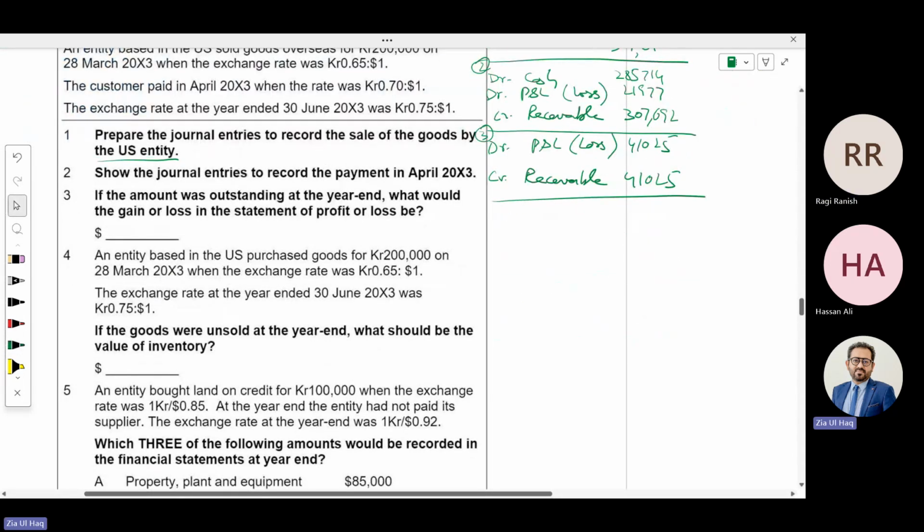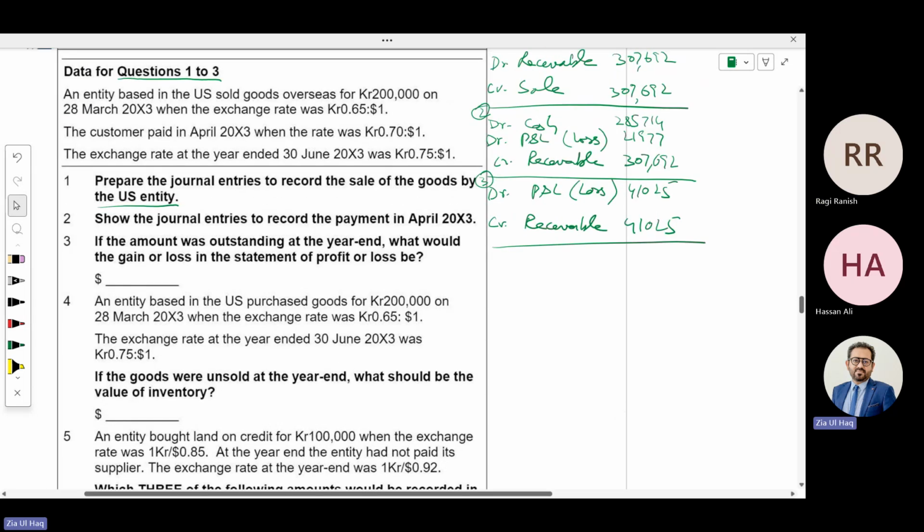Number 4. An entity based in US purchased goods for 200,000 on 28th of March when the exchange rate was 0.65, meaning the same value. But the accounting entry is relating to purchase. So debit, we will record purchase with how much? 307,692, and credit we will record payable 307,692. The exchange rate at the year end, 30th June, was this.